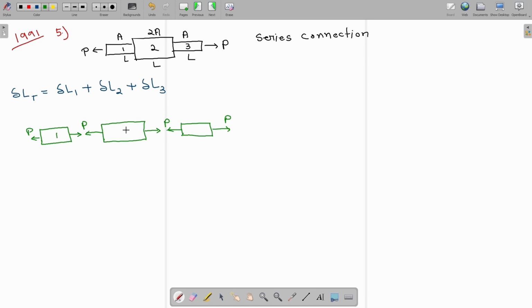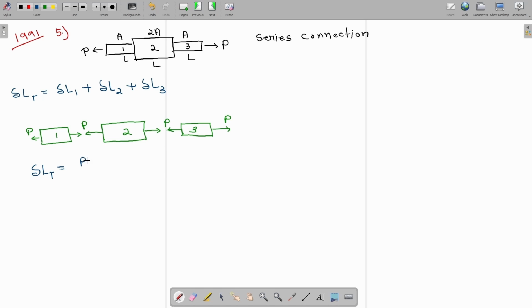This is the free body diagram, body 1, body 2, body 3. Okay?